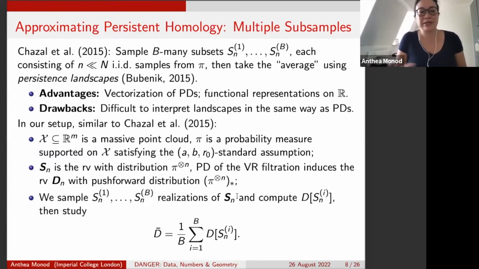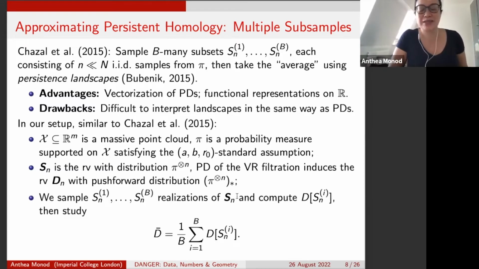So these landscapes are vectorizations of these persistence diagrams, and they give functional representations on R. The problem with these is that they're difficult to interpret in the same way as you have with persistence diagrams. So you don't retain the same information of each point corresponding to a birth-death pair. But it is nevertheless a nice vectorization with good properties, so this is something that is sort of give and take.